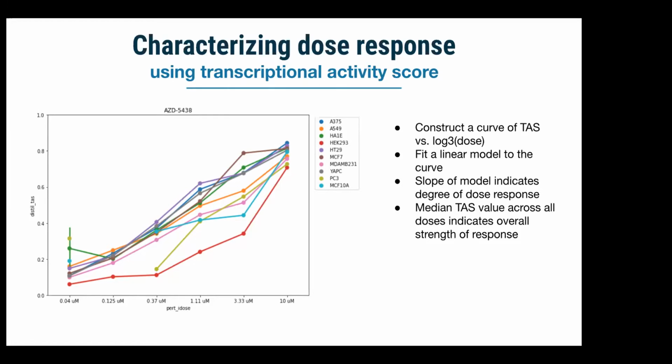We can quantify the degree to which there is a dose response by doing something simple: computing a linear model and fitting that to this curve, and then using the slope of that model as a proxy for the degree of dose response, and then the median TAS value overall as a proxy for how strong that signature is in general.